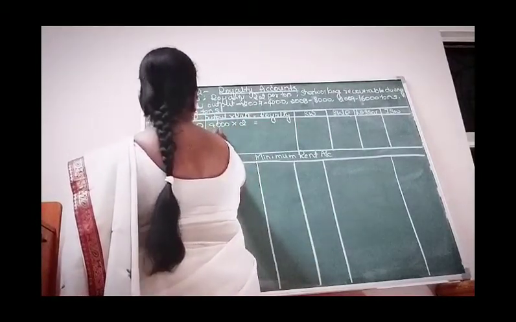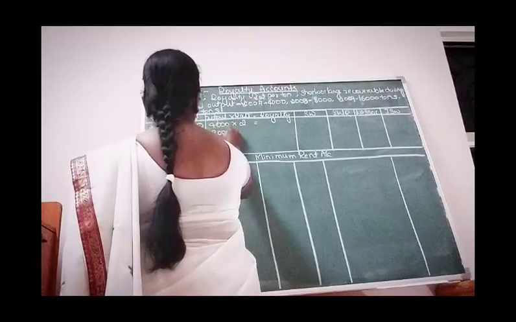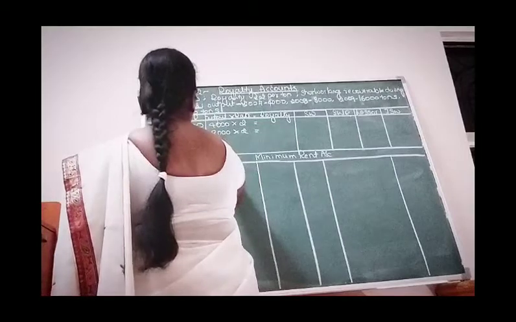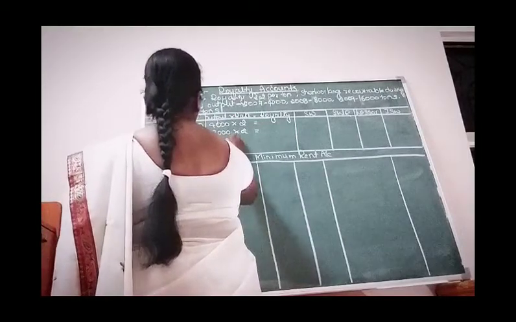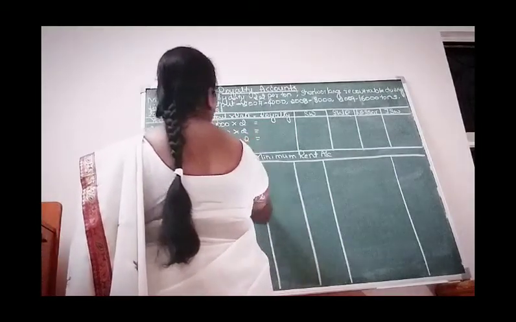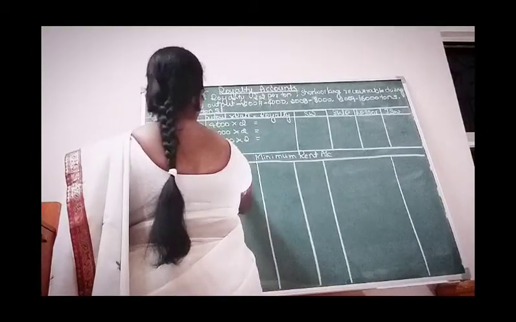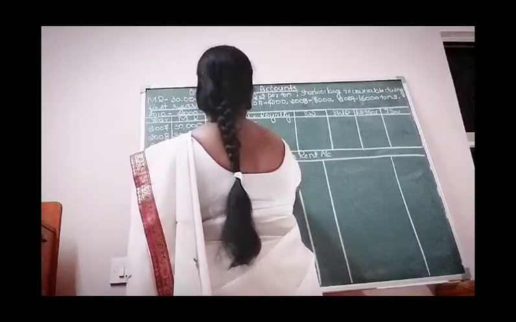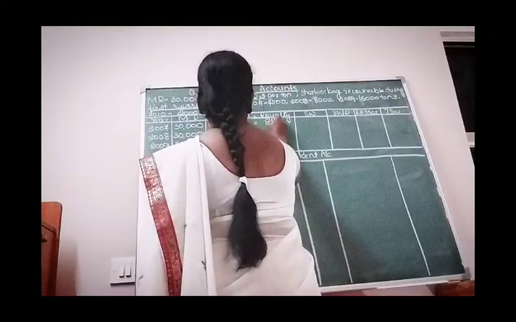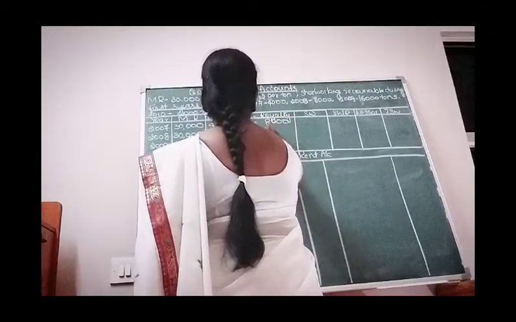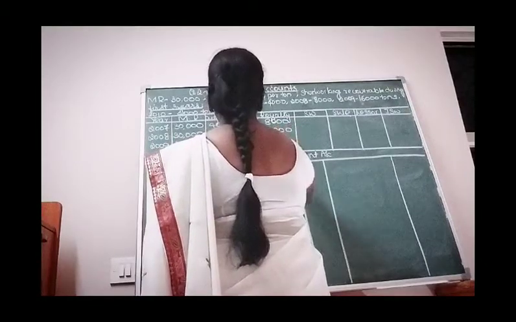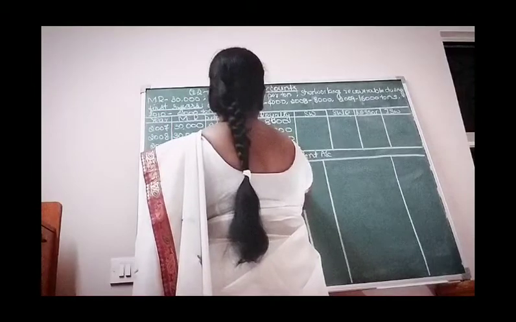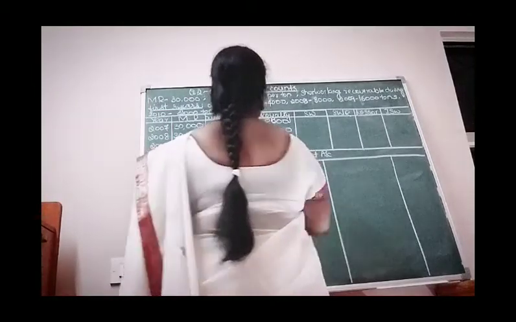Second year, 8,000 tons at the rate of rupees 2. Third year, 16,000 at the rate of rupees 2. Last year, 4,000 at the rate of rupees 2. If you multiply this, first year royalty is 8,000, second year 16,000, third year 32,000, and last year 8,000 is the royalty.